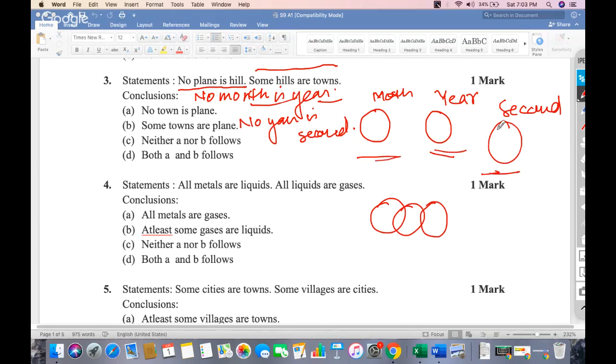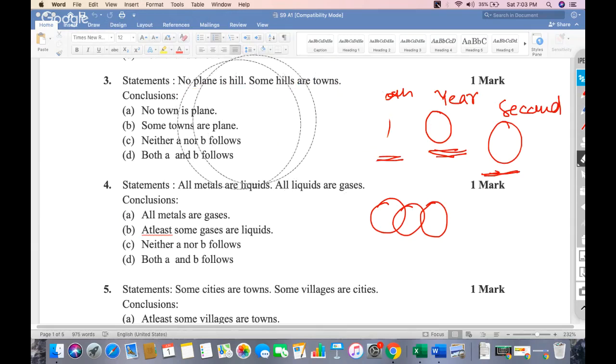Because the language of the question was different, I made all three circles different. Here the language of the second statement is something else. That's why I'm assuming it.